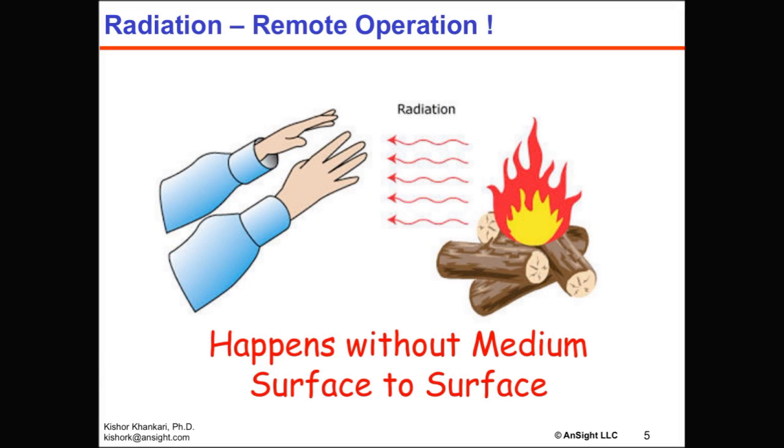The next one is radiation. These two modes, conduction and convection, need either a solid or some fluid to transfer the heat. Radiation is very different. You can transfer the heat even in vacuum. They transfer the heat from the hot surfaces to the cold surfaces just by sending photons, what they call wavelengths, from the hot surface to the cold surface.